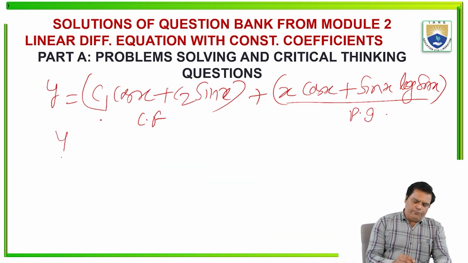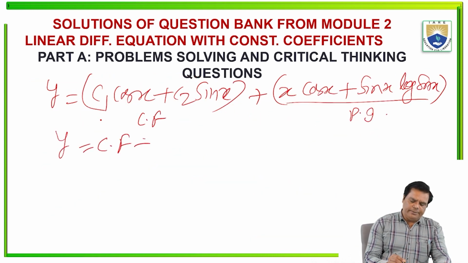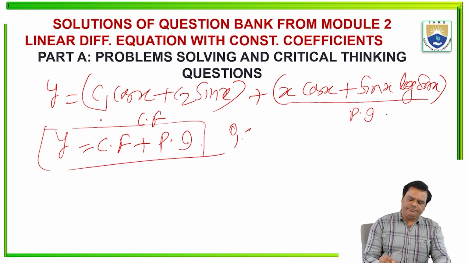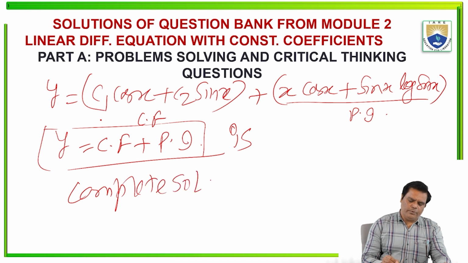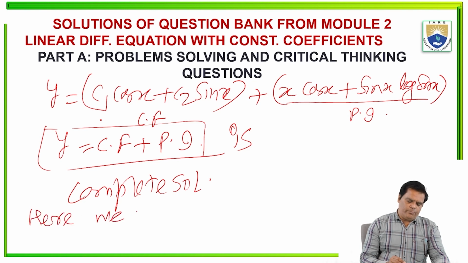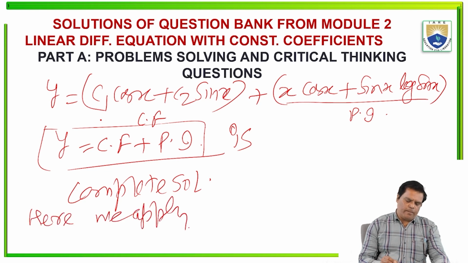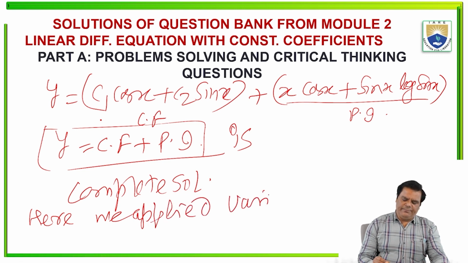So y is equal to CF plus PI, which is the complete solution. Here we applied variation of parameters.